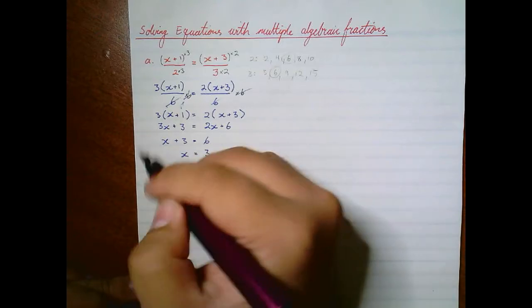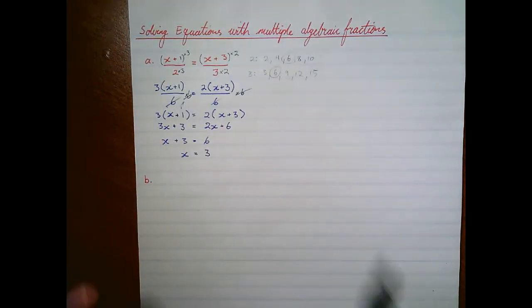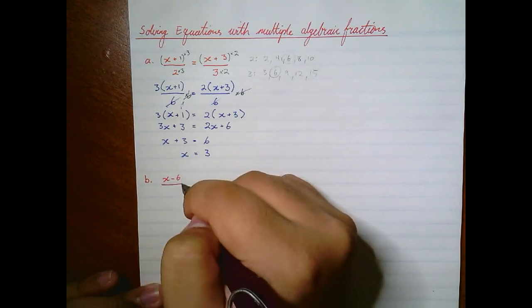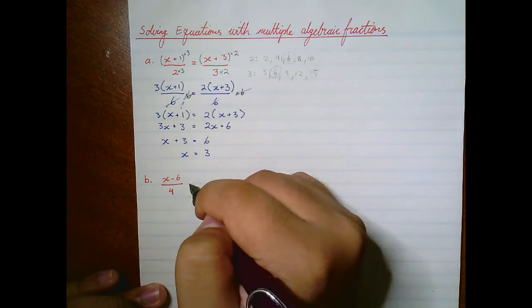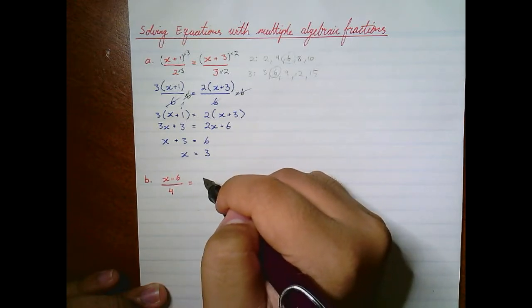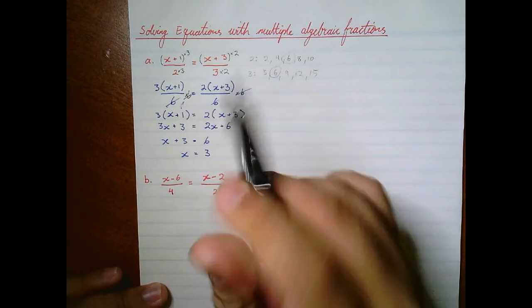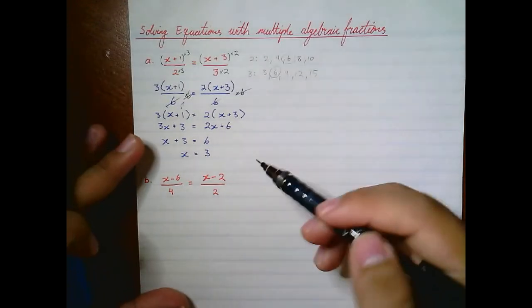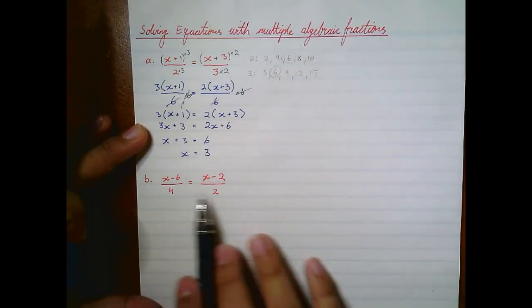We'll go to question B. Question B is (x - 6)/4 = (x - 2)/2. Once again, we're going to get the lowest common multiple between 4 and 2.